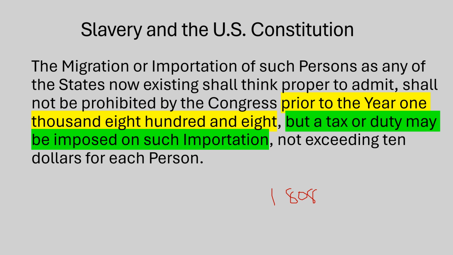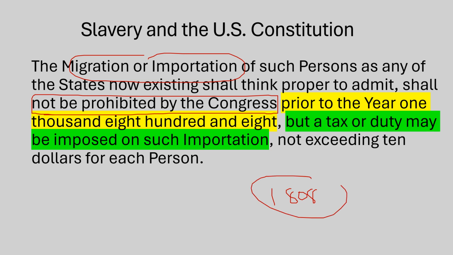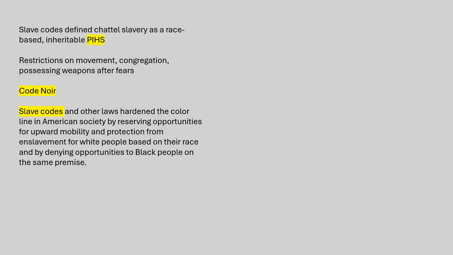But as far as the Constitution is concerned, the migration or importation of such persons, and the people they are talking about here are slaves, shall not be prohibited by the Congress, which basically means that Congress cannot stop the importation of slaves, at least until this particular year. So again, we're going to start looking at some of the laws and how the laws slowly get to permanent involuntary hereditary servitude. And the slave codes were a series of laws designed to lead to this particular outcome.